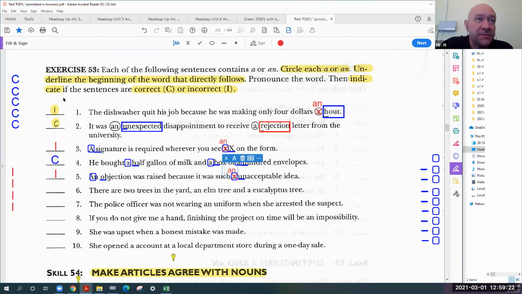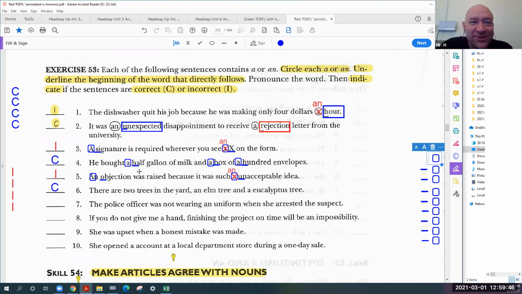Ayed, how about number 6? I think it's correct. Okay, you just lost marks. Oh, wait a minute, hold on. No, you're right. It is. You're right.